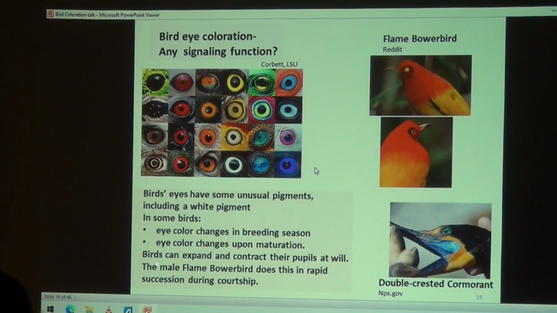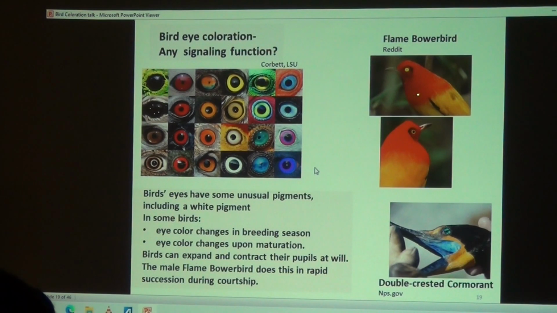Eye color changes upon maturation in some birds. This could be a signal for how old the bird is, signal to other birds. And here's something amazing. Birds can expand and contract their pupils at will, and we cannot do that.